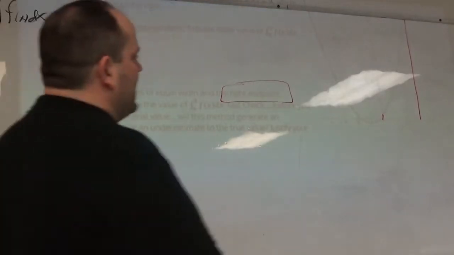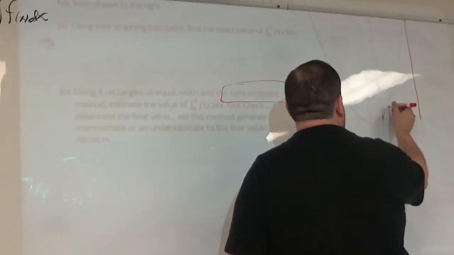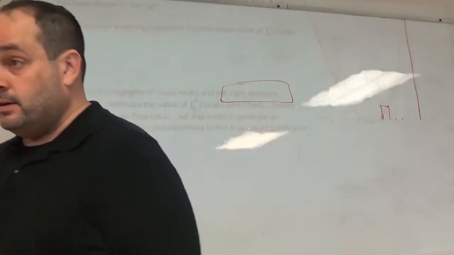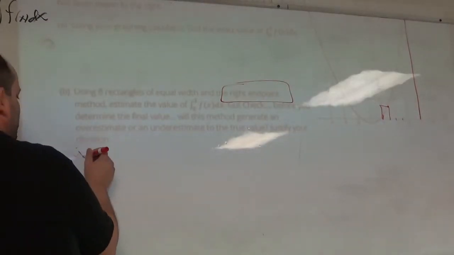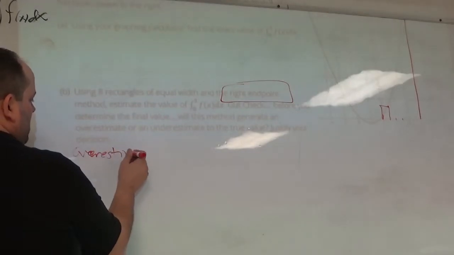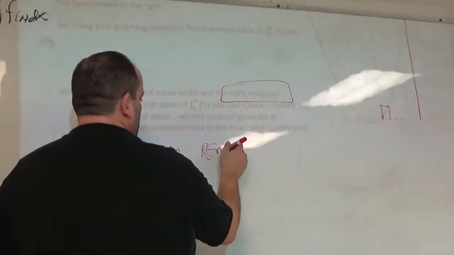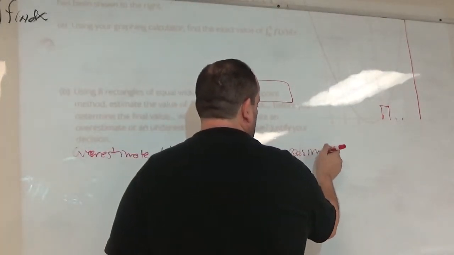Every time you make a rectangle, you use the right side, go up, over, down. So you're going to get an overestimate because the function is increasing and you're using the right endpoint method.